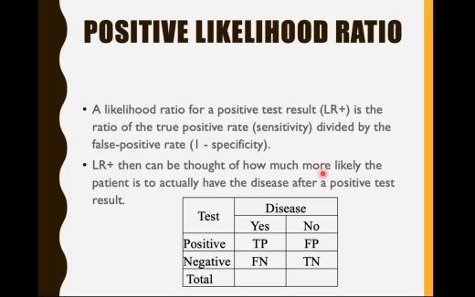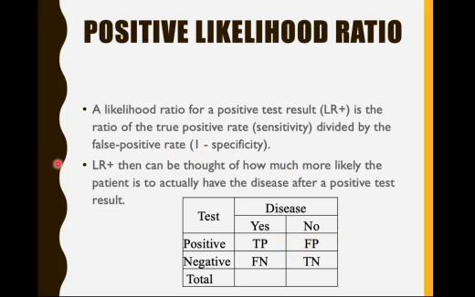When we talk of likelihood and probability, they seem to be very much related, but there is a technical difference between likelihood and probability. As we said, the probability is A divided by the sum of A and B. That's the predictive value of a positive test. That's the probability of the disease.